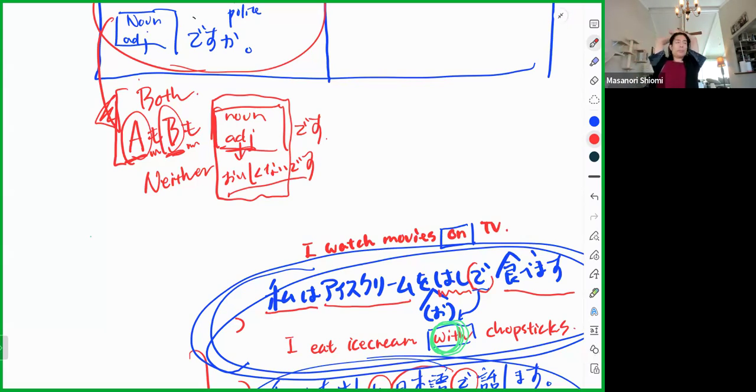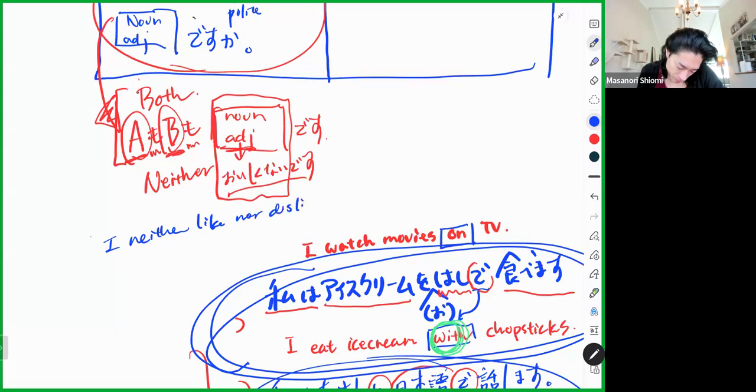If someone asks you, which one do you like, Burger King or McDonald's? And you specifically want to say, I neither like nor dislike McDonald's or Burger King.